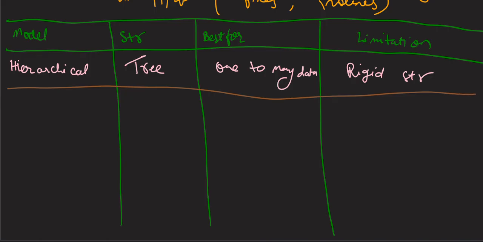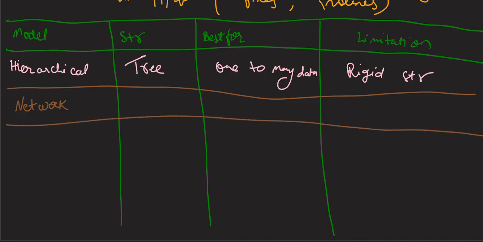Now the second one is network. So network is like a graph, and graph like a structure, complex relationship, okay, and complex design.